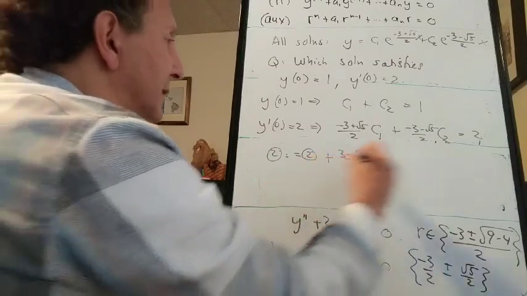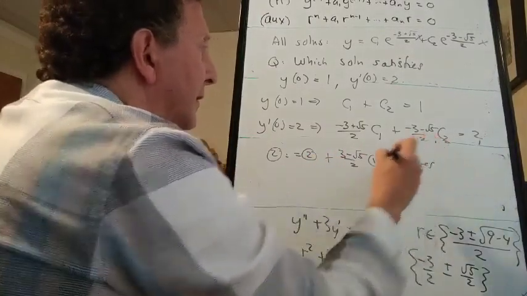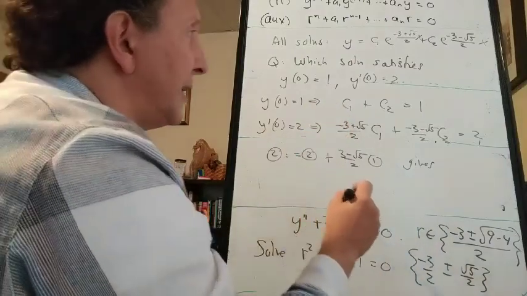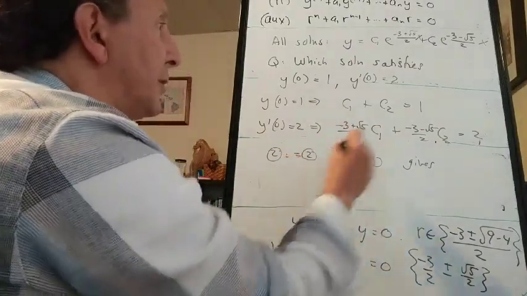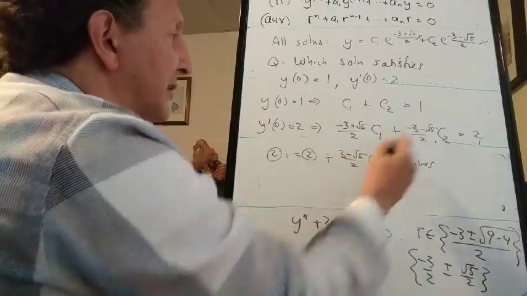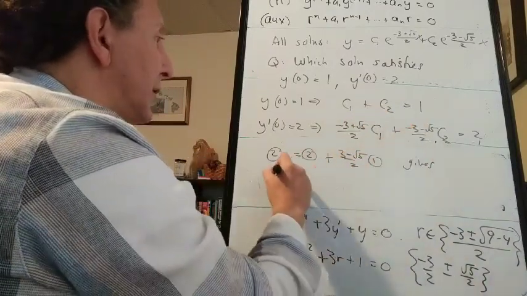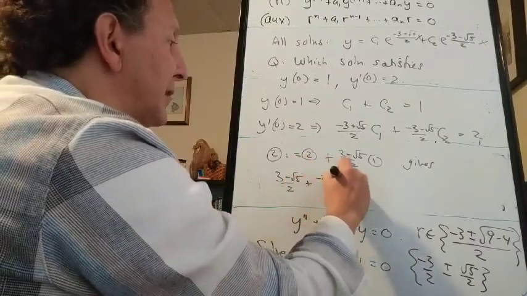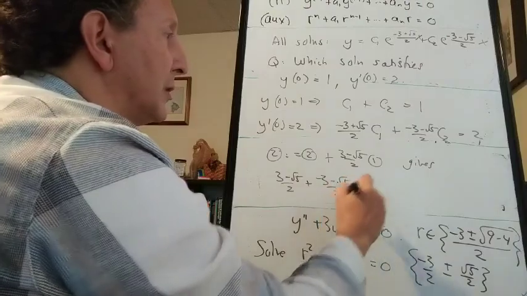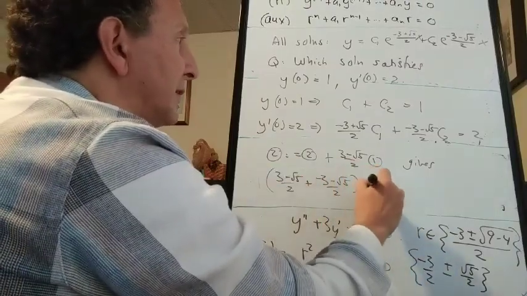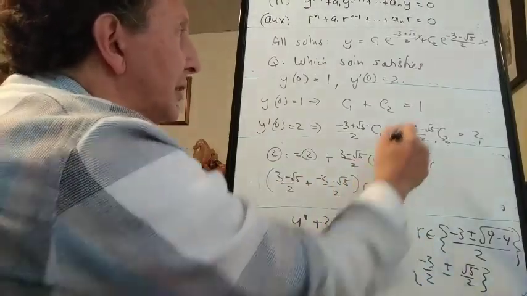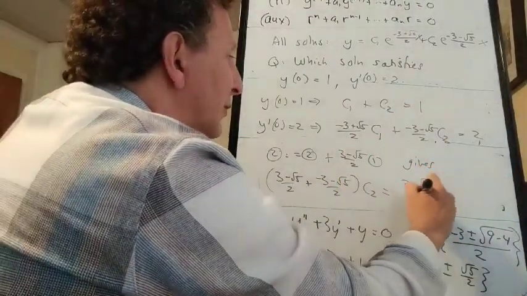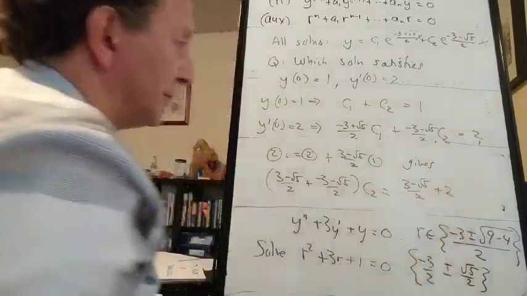So now we get 0 c1, and we'll have 1 times this plus that. So 3 minus root 5 over 2 plus negative 3 minus root 5 over 2, c2, equals 1 times this, 3 minus root 5 over 2, plus 2.